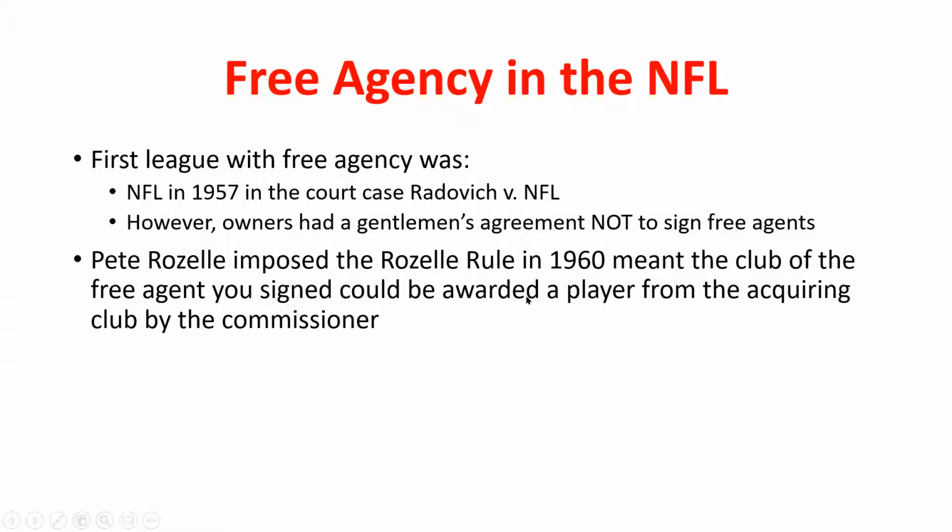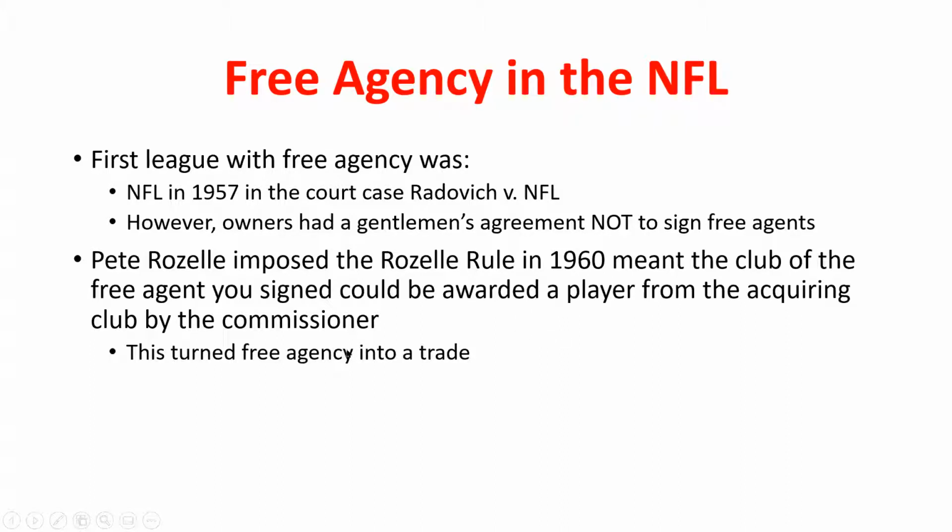That's collusion. And so it comes out, in 1960, that they have this rule, which is that the club of the free agent you signed could be awarded players. So if you broke this rule, which was you can't deal with these free agents from other teams, and you actually did sign one of those free agents, you would have to give that team that you took that player from some player to compensate them for that.